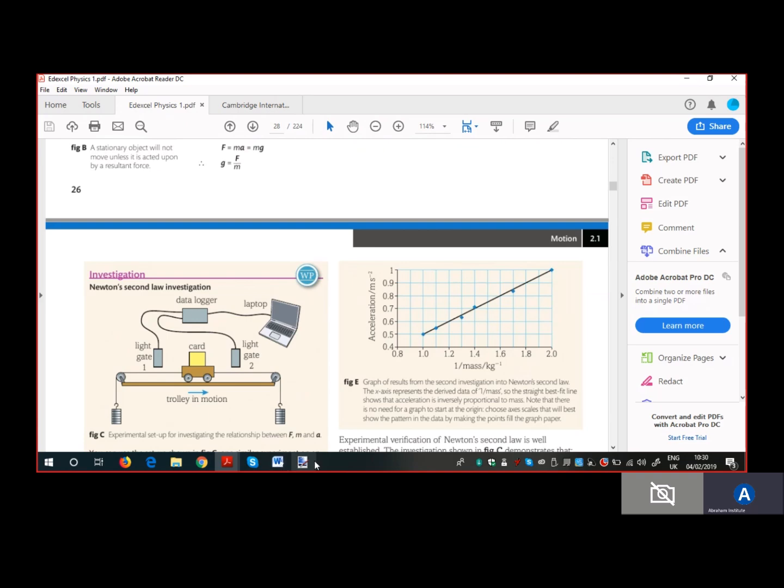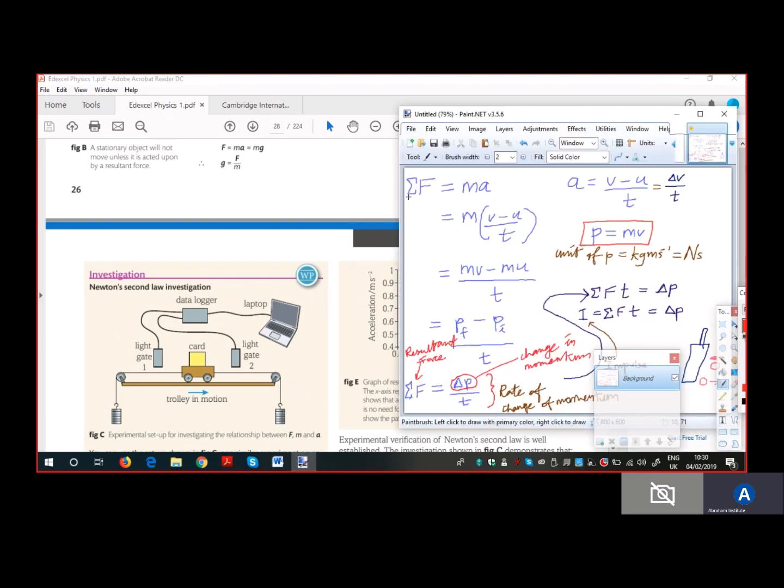Again, we can rearrange this equation and get the resultant force. So acceleration on the y-axis, mass on the x-axis.